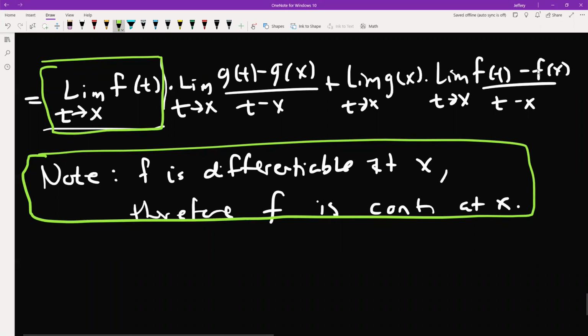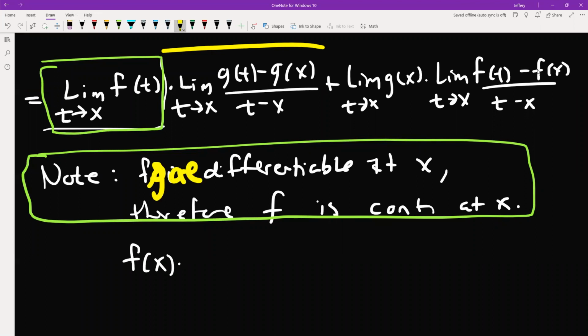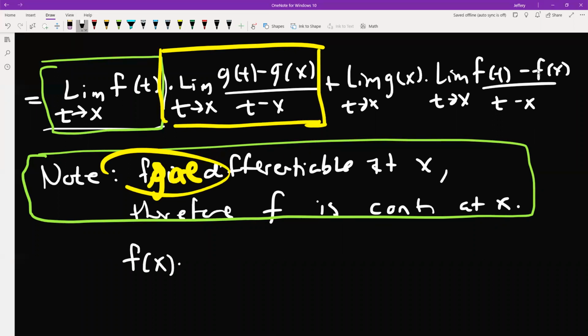Okay, so this is continuous. So we get f of x times, now we know what this is, right? F and G are, okay, so I changed it a little bit. So this now becomes g prime of x.